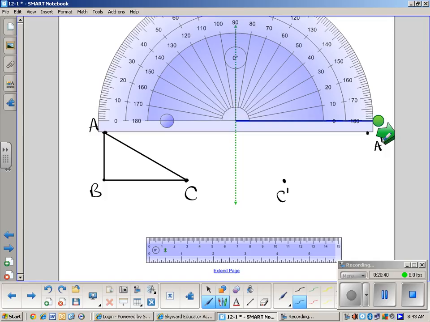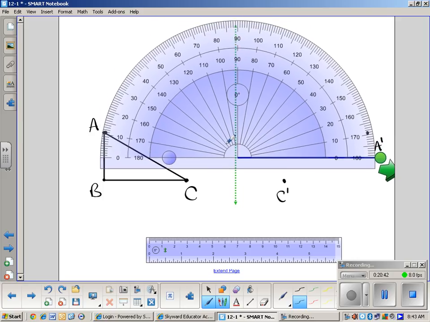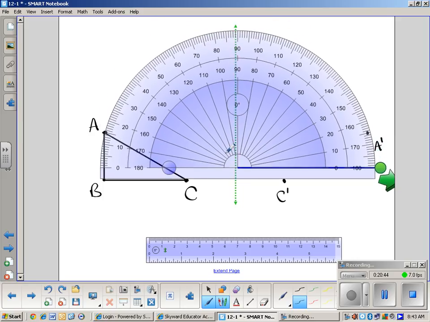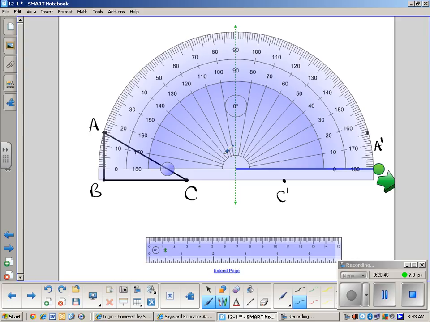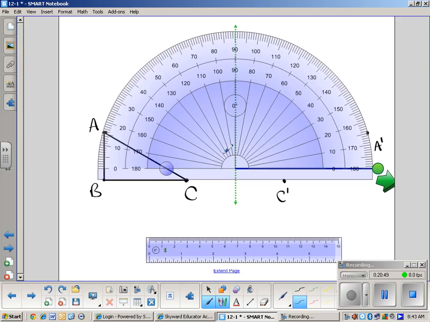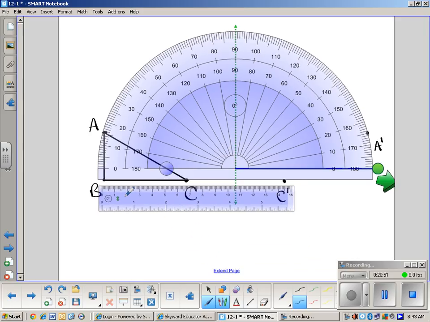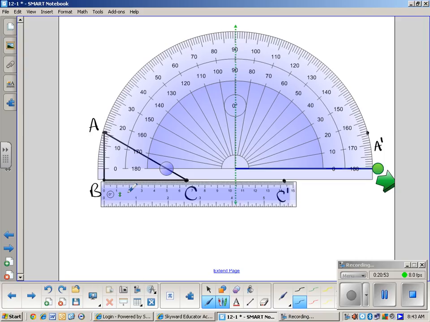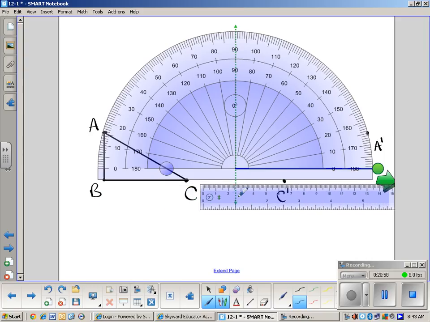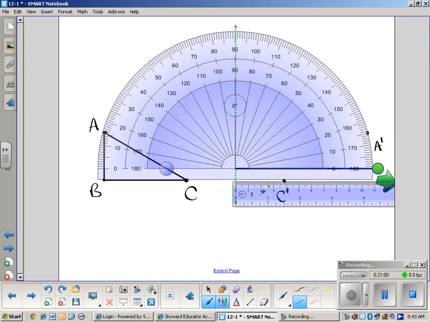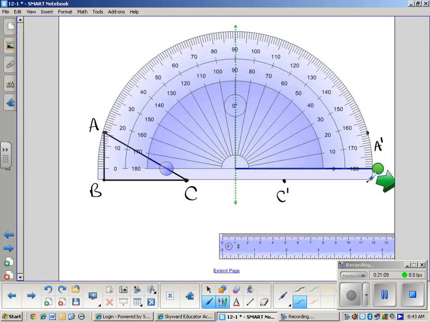If I slide this back down, I can measure how far B is away. Look at that, same distance, 10.45. Come over here. 10.45 is like right in there. And what's that going to be marked as?